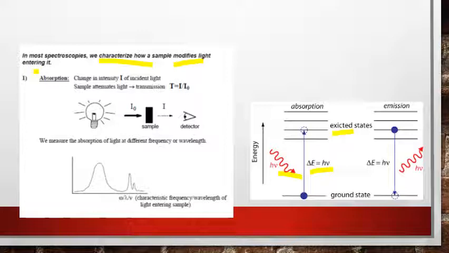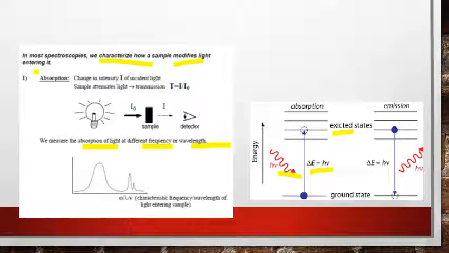This causes the absorption, and we study the light. We measure the absorption of the light at different frequencies or wavelengths. At a different wavelength and frequency, we pass it to the sample, and it is analyzed whether excitation occurs or not.